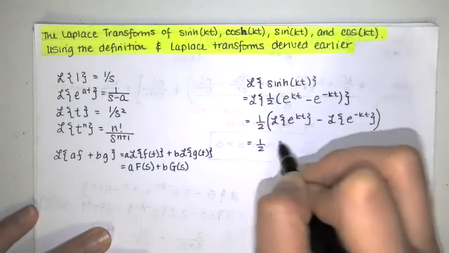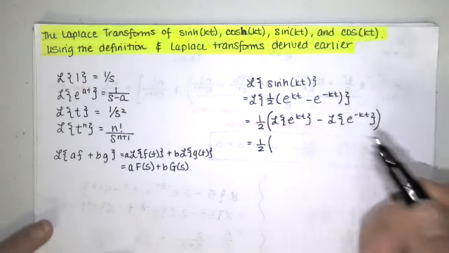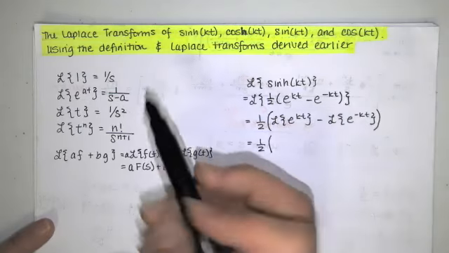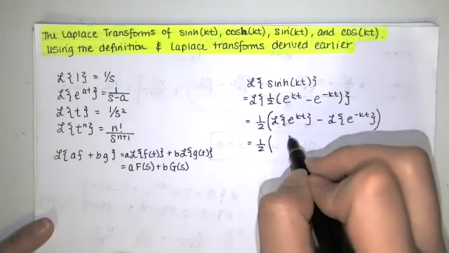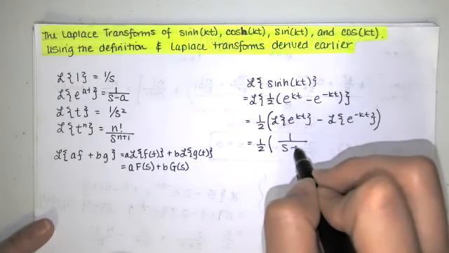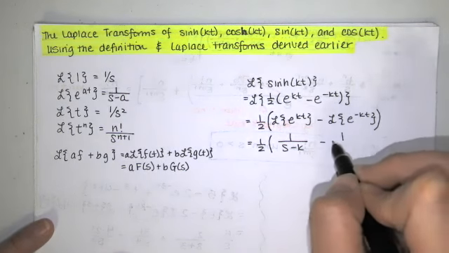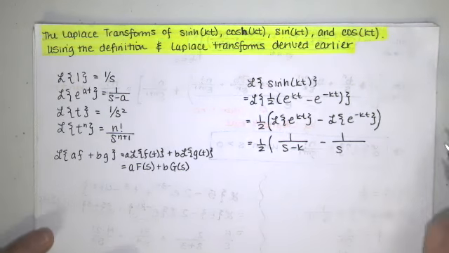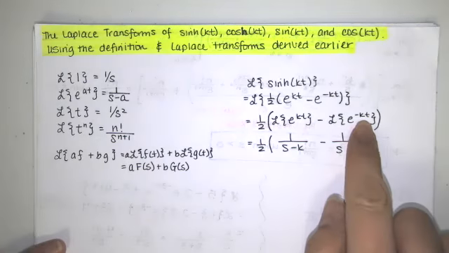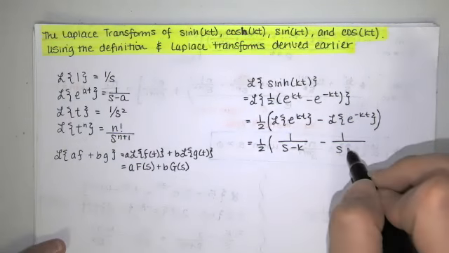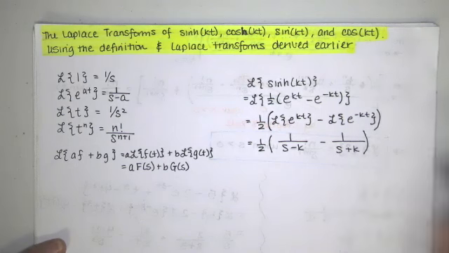We get this. The Laplace transform of e to the kt, according to this formula, a is equal to k, so this is 1 over s minus k, and here we're subtracting 1 over s minus a, where a is -k, so we're subtracting a -k, so that's adding k, and so we get that expression there.